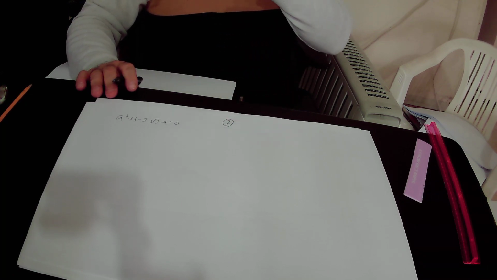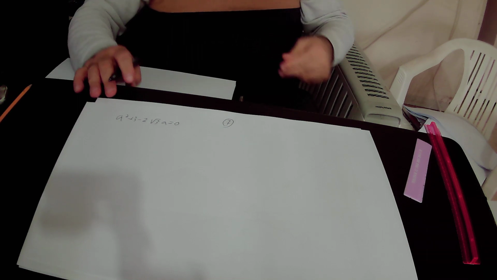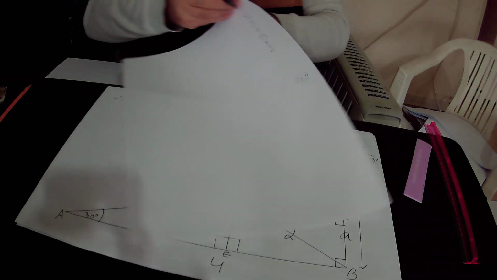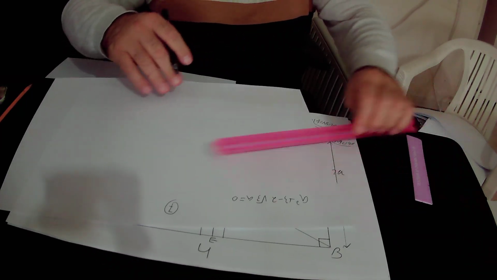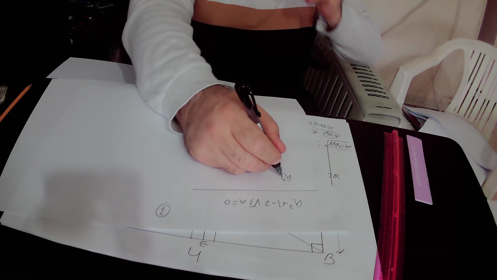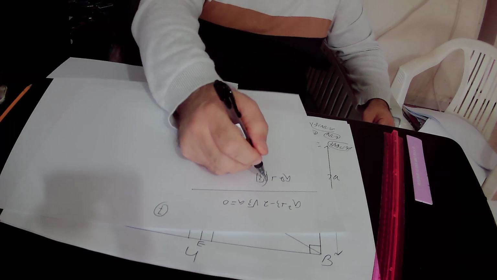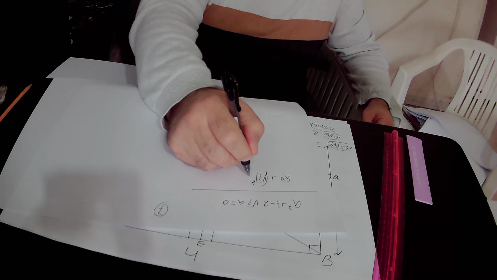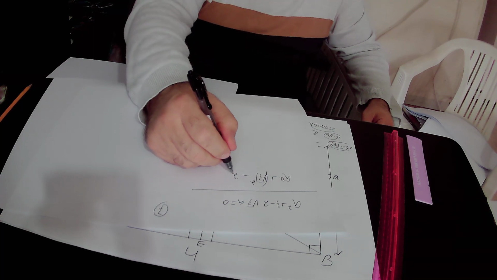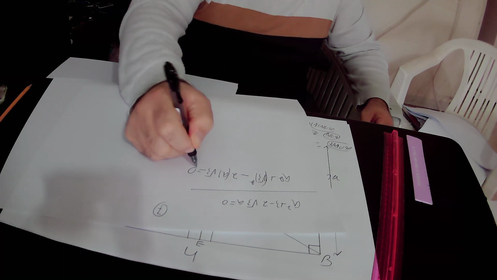So here we know that 3 is equal to the square root of 3 squared, so we will substitute 3 by square root of 3 squared. So it is a squared plus square root of 3 squared minus 2 times a times square root of 3 equals 0.